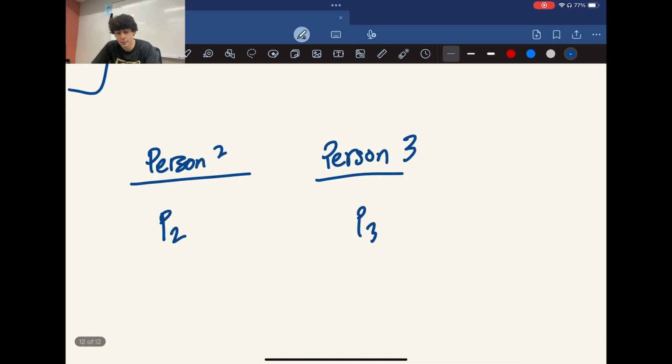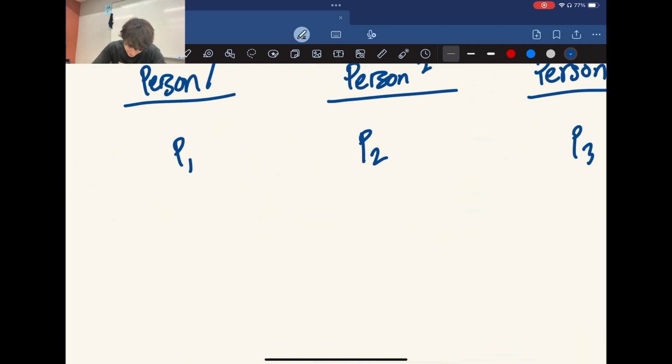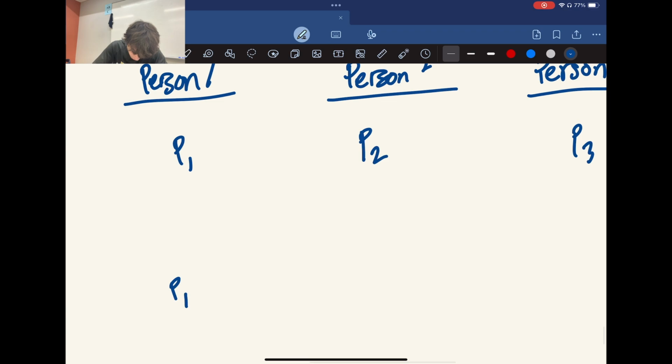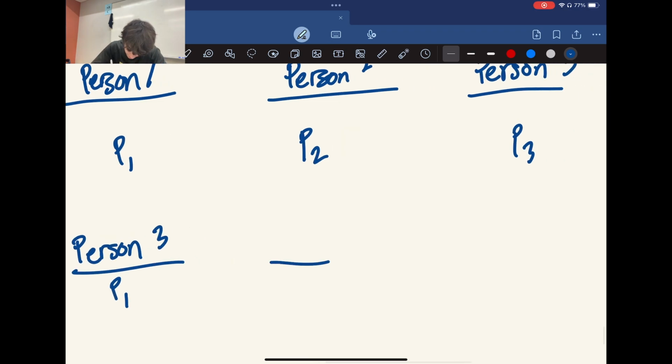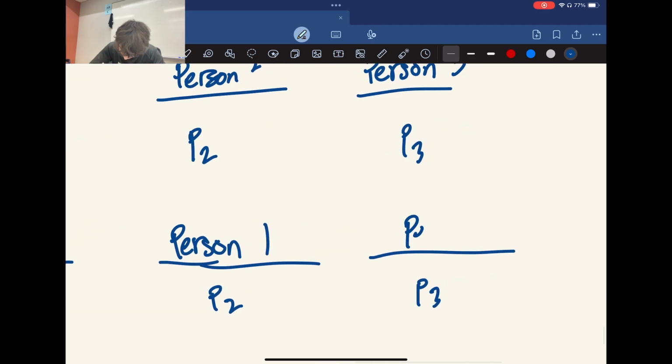It seems like a reasonable way to allot the positions, and it absolutely is. But what if I say that I'm going to give position 1 to person 3? I'm going to give position 2 to person 1. I'm going to give position 3 to person 2.